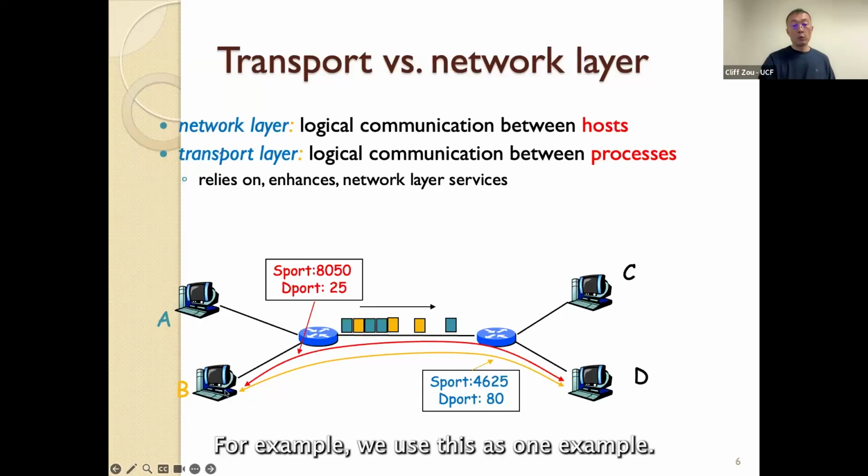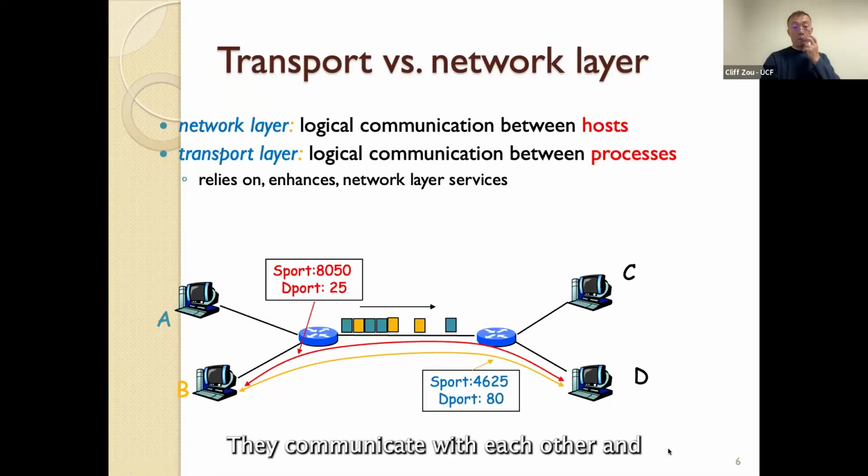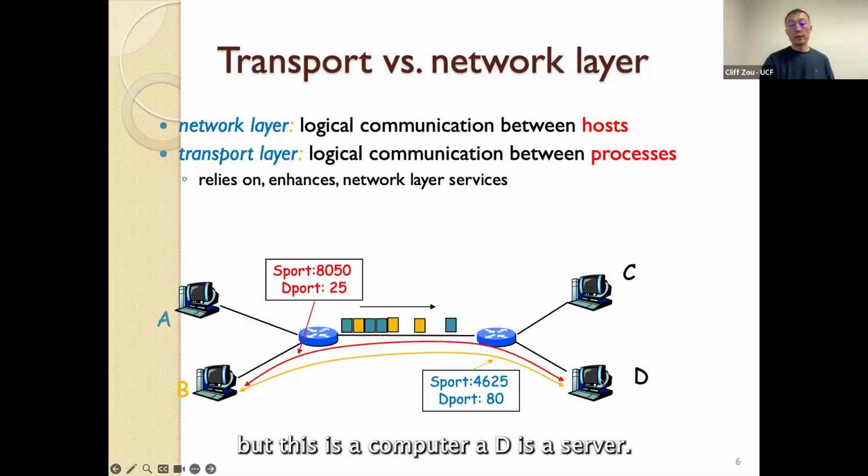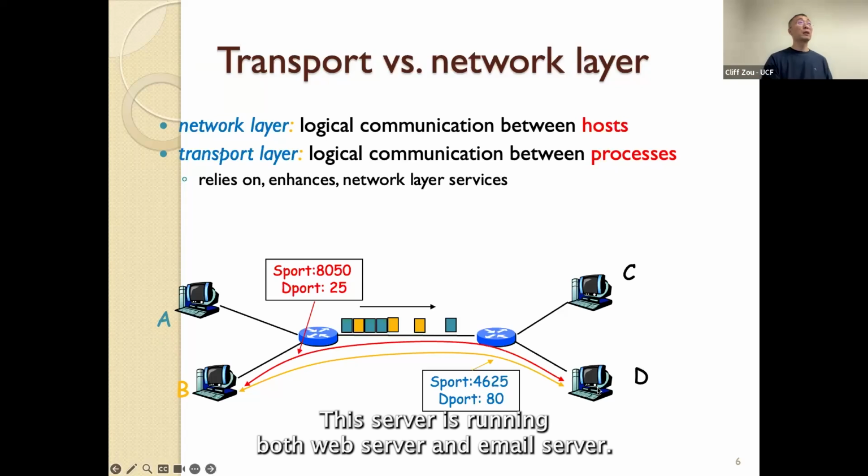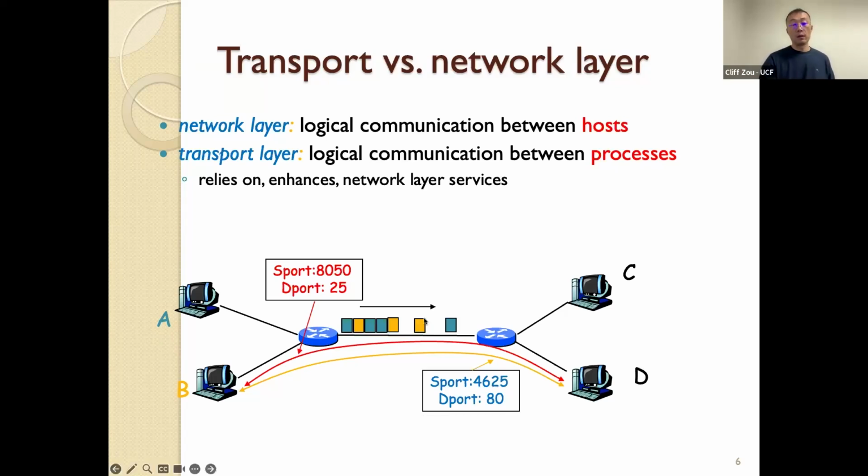For example, we use this as one example. Suppose computer B and computer D communicate with each other, but computer D is a server. This server is running both a web server and an email server. Suppose computer B is a client.